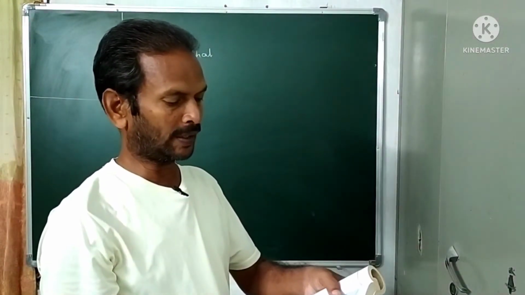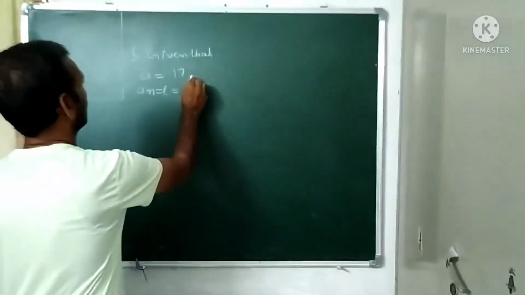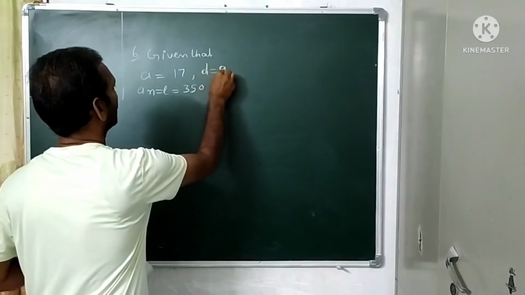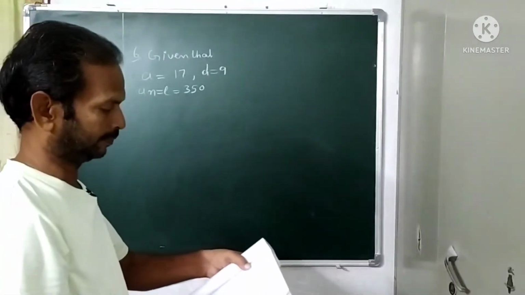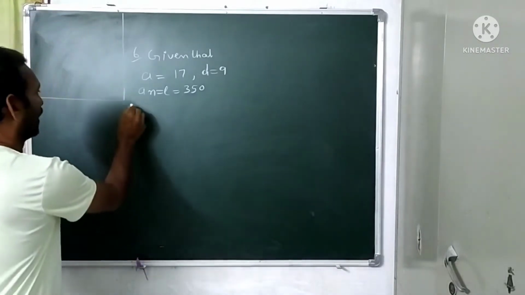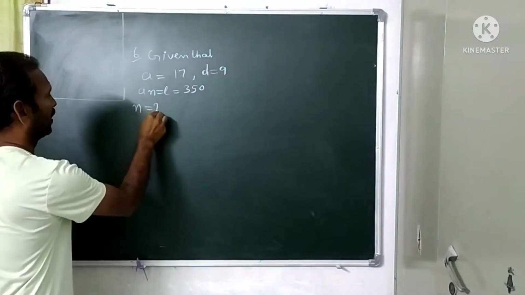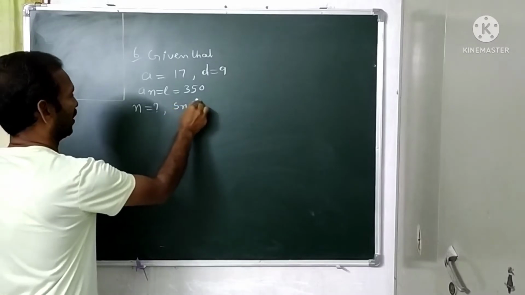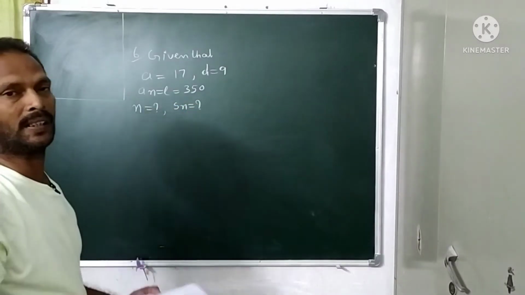If the common difference is 9, that is also given. d is equal to 9. How many terms are there and what is their sum? n is equal to question mark and Sn also question mark. This is the given data.